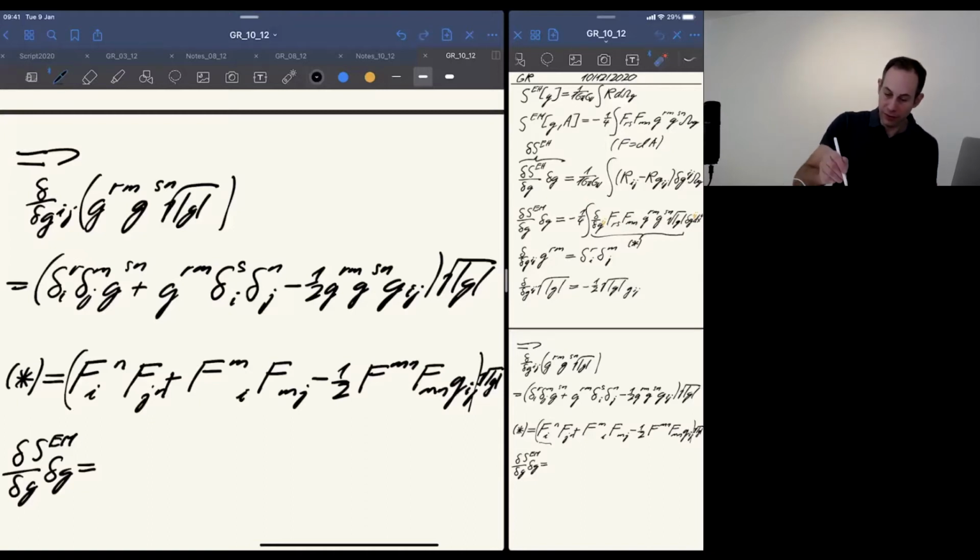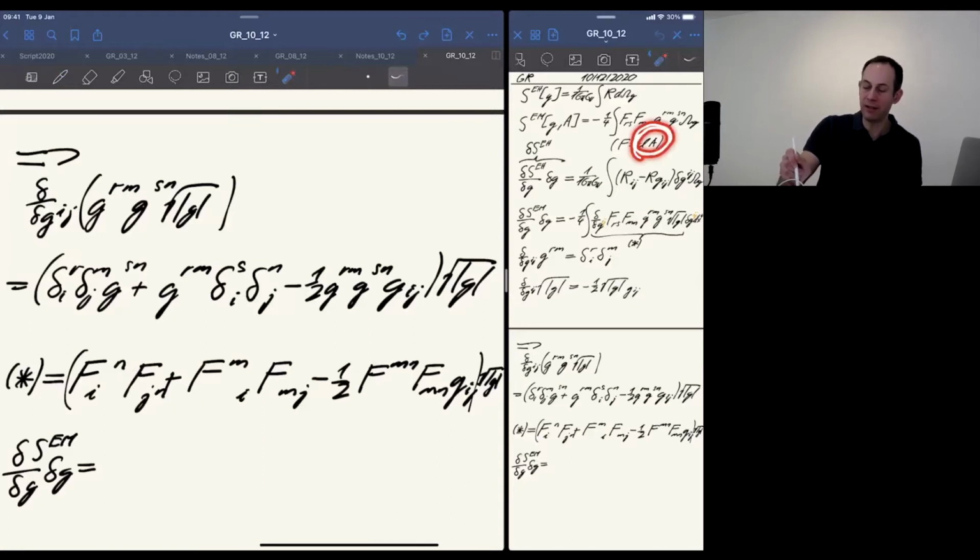But note that the first term here and then the next one are actually identical. The way to see this is to remember that the electromagnetic field tensor is antisymmetric. Why is it antisymmetric? You know that it's obtained as an exterior derivative of a one-form. A is a one-form, and you took the exterior derivative, and the exterior derivative again gives a form, a two-form, and a form is always antisymmetric.